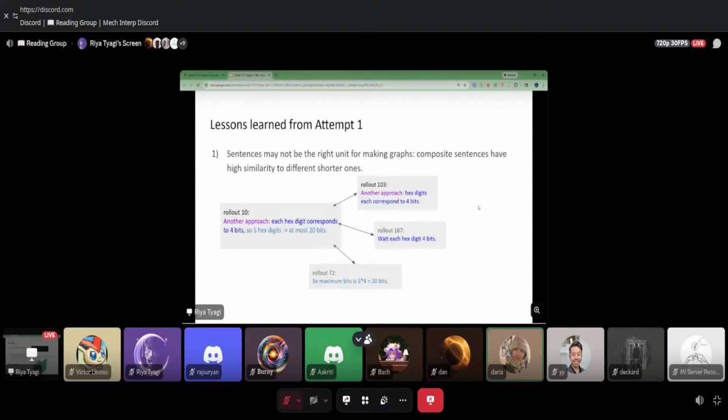They would get clustered with a bunch of the individual pieces, which is maybe not the worst problem, but can be a little annoying. The last part here in light blue, 5 hex digits at most 20 bits, is just the ending of this thing semantically, and that would get clustered with the rollout 72 thing. So that's some motivation for chunks. Next.